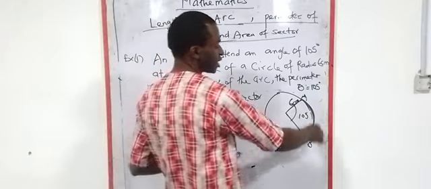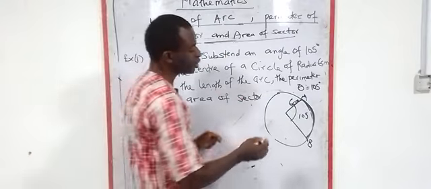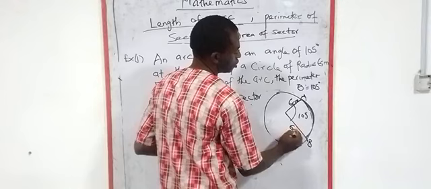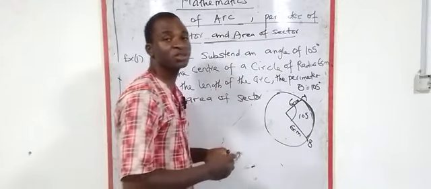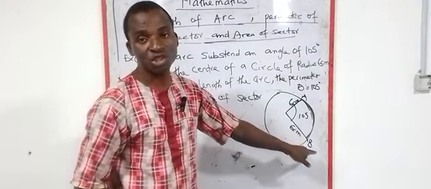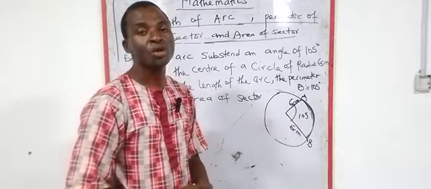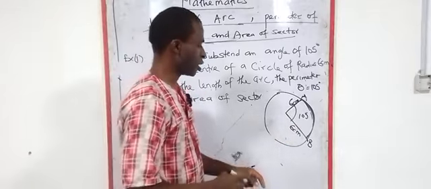Remember, what we just got is an arc, but now we're talking about a sector. And remember that the radius is the same anytime. Any straight line joining any point of the circumference to the center of the circle is what a radius is. So I guess you know that.